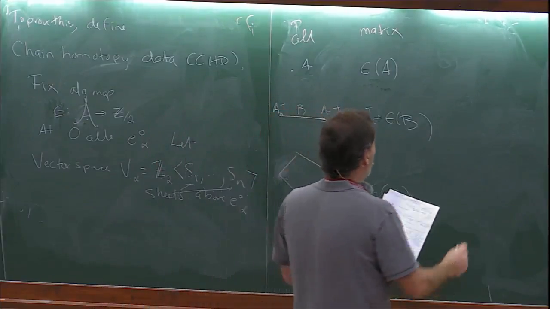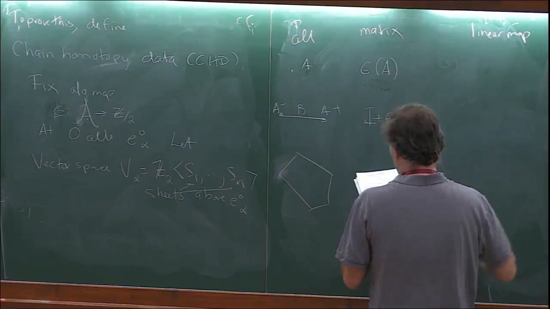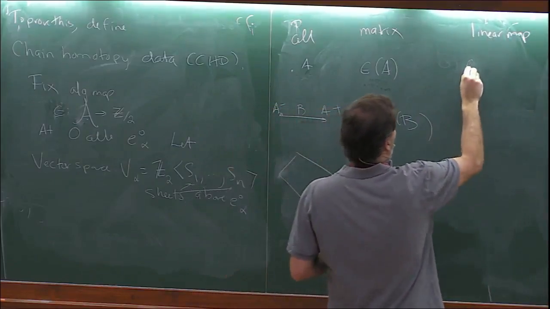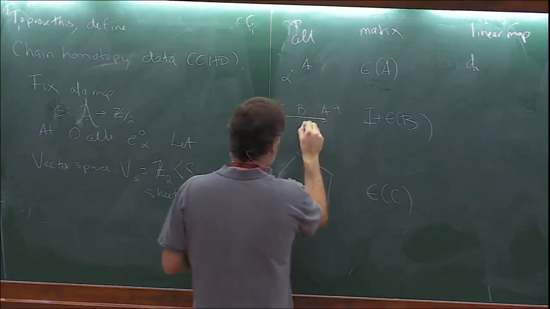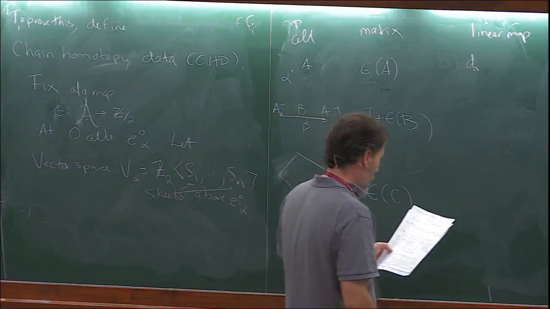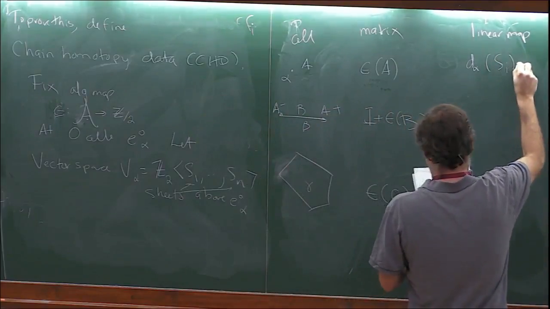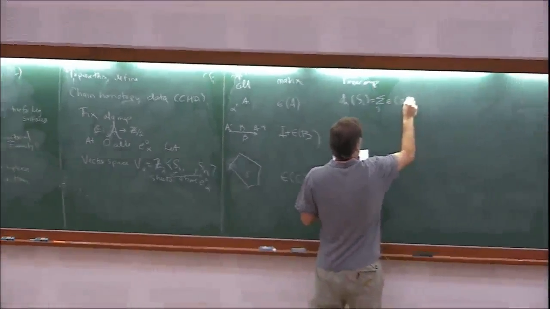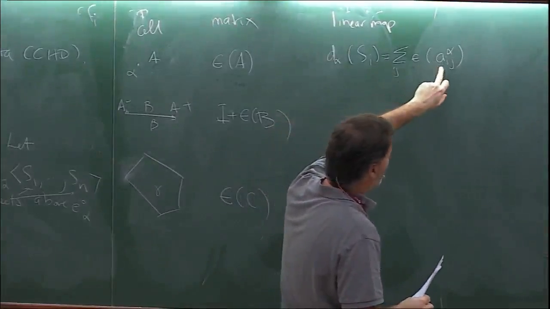Okay, and then for each of these cells, we use this matrix to define a linear map. So in this case, our linear map, I'll call it D alpha, because this is the alpha cell, say. And this is the beta cell, and this is the gamma cell. Our linear map will be just, look at the algebra map defined on this generator.